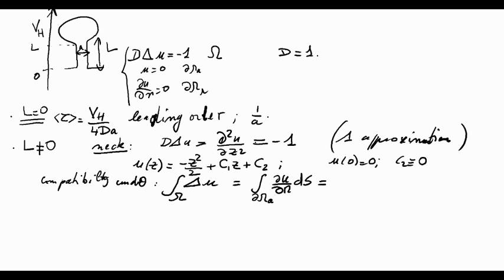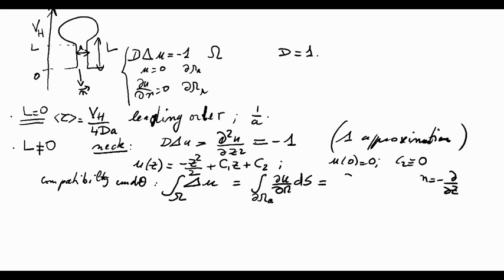Since we use the 1D approximation, n is the outward normal here, so n is finally minus d/dz.